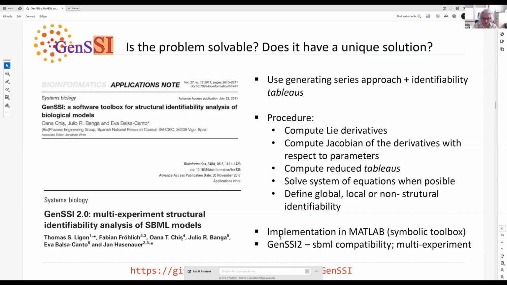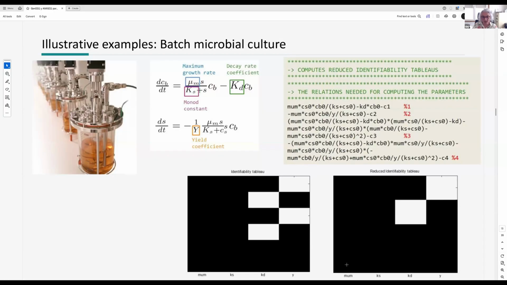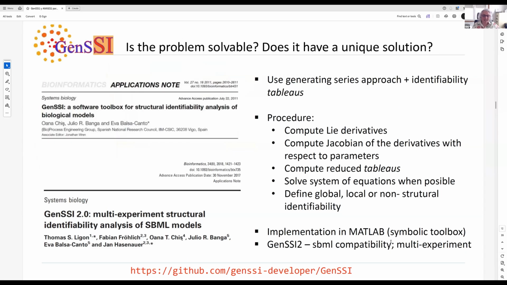The tool is available at this link, which I'm not sure you can see, but I can send it to you. You of course rely on the use of the symbolic manipulation toolbox in MATLAB.